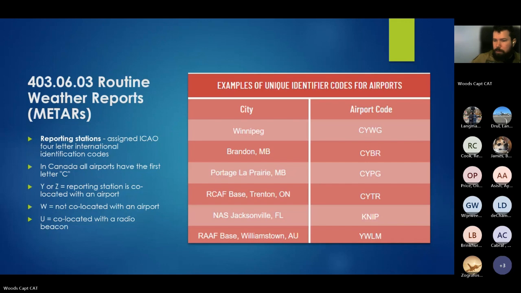So this one here, YWLM, is just not at an airport. And if it's a U, it is at a beacon, like a radio navigation aid, like a VOR or something. So these are some airport codes. You don't need to memorize all of these for different airports. You just need to know what those are.